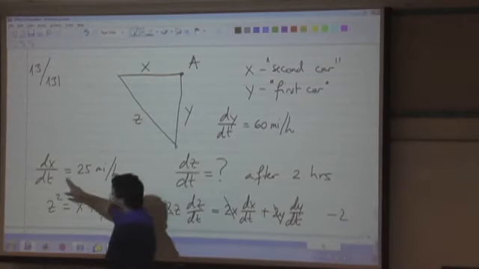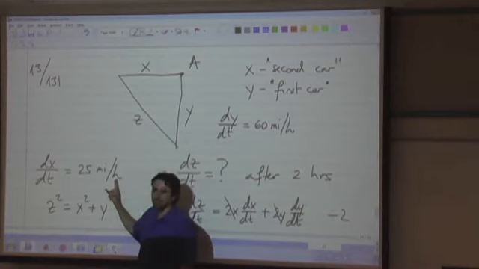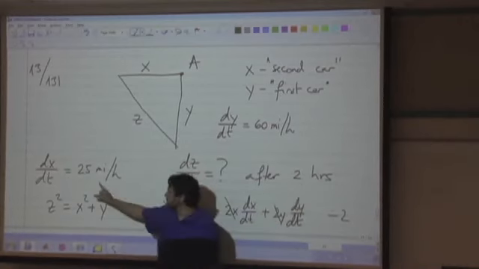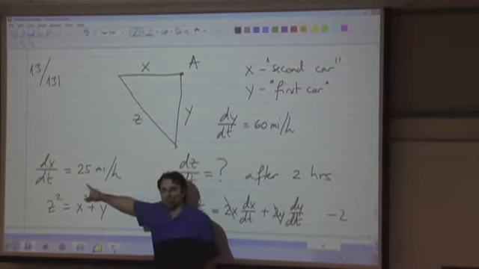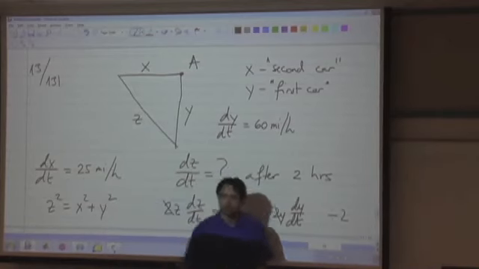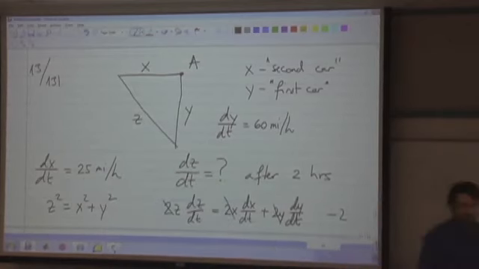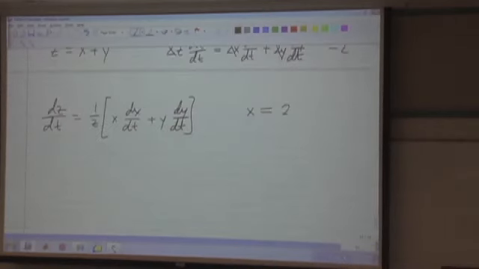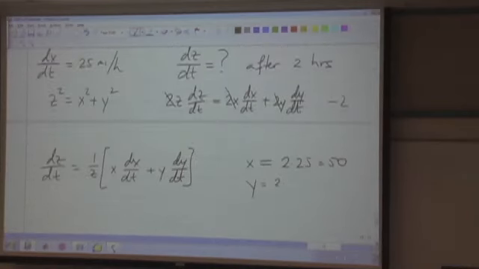The rate at which x changes is 25 miles per hour. After 2 hours, x is 25 times 2, which is 50. Does that make sense? So 2 times 25 is equal to 50. Y is equal to 2 times 60, which is equal to 120.